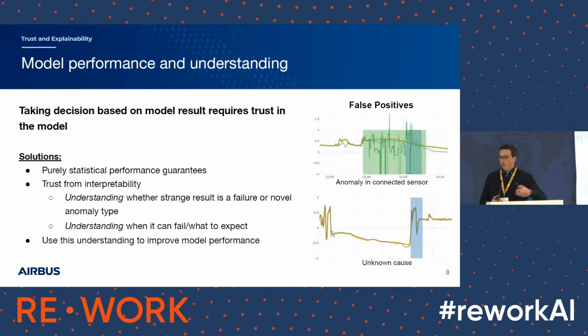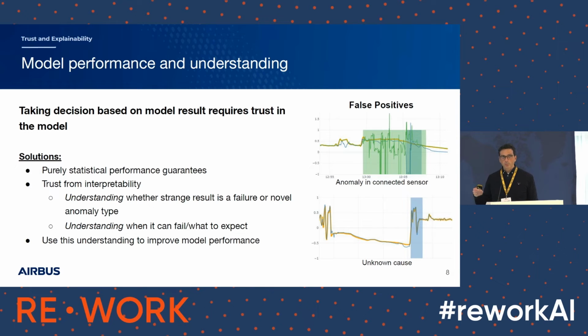On the right, you see two examples of false positives. In both cases, they normally should be in the orange sensor, and in both cases, there is no anomaly in the orange sensor. However, in the case above, there is a connected sensor in green, which goes completely crazy. So something is wrong in a connected sensor, which is describing the same subsystem.